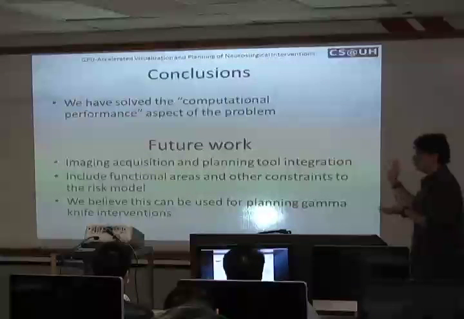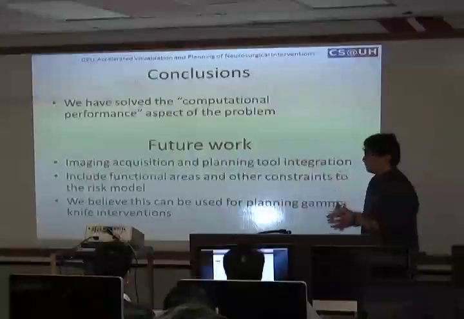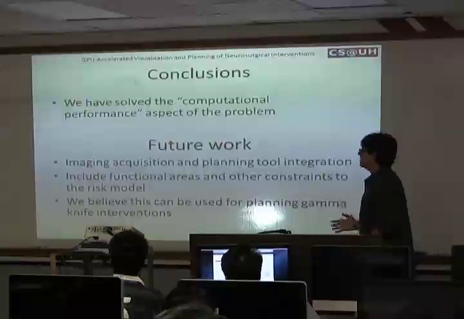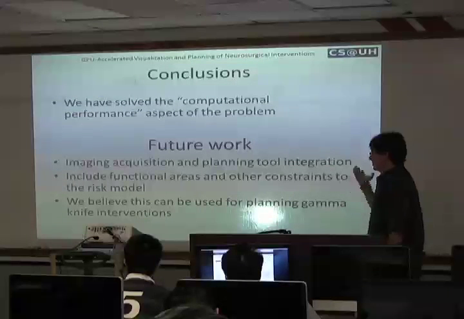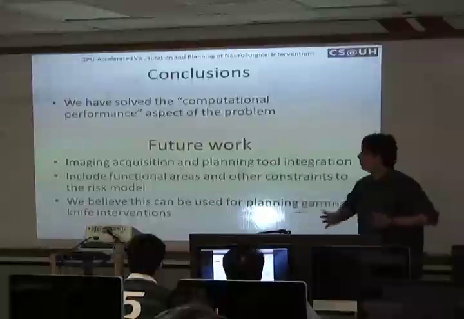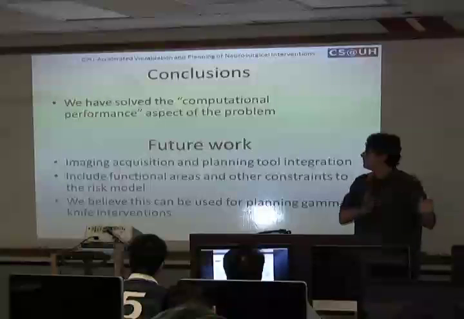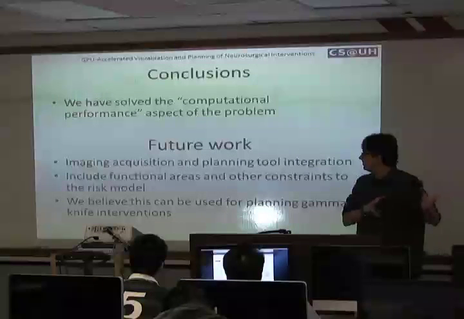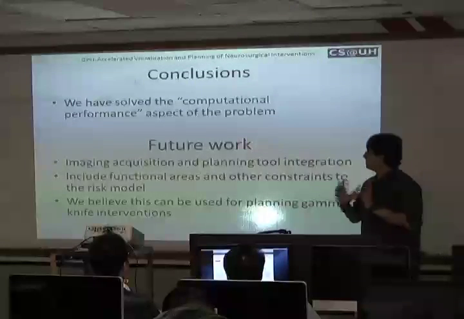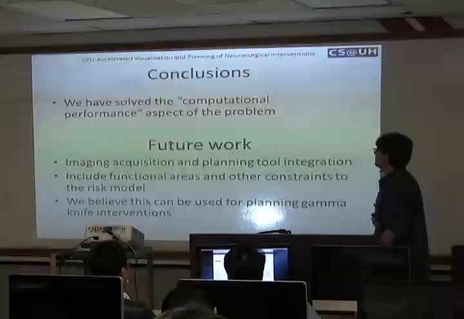So we want to be able to use the risk map intraoperatively. We have no problem now, since we have achieved interactive, real-time rate. The next thing will be figuring out the whole architecture, how to put together the planning tool, the imaging device for doing the images, and the stereotactic framework, and try it in a clinical scenario.